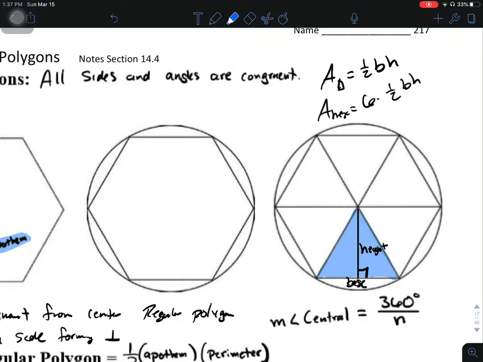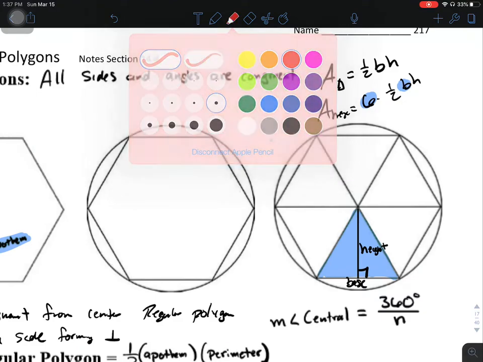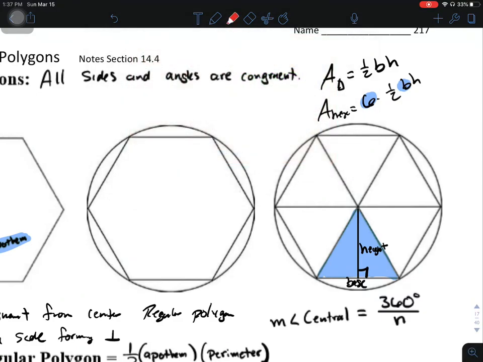If you focus on 6 times the base, now the term that we used earlier was perimeter. This hexagon has a perimeter of a base plus a base plus a base plus a base plus a base plus a base, 6 times the base.